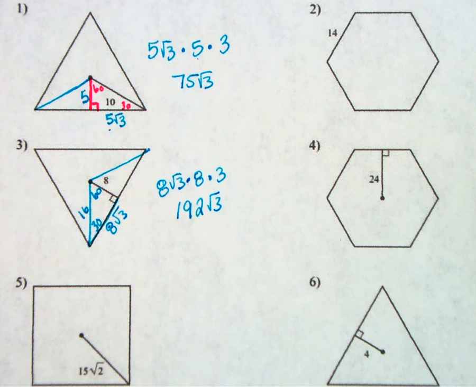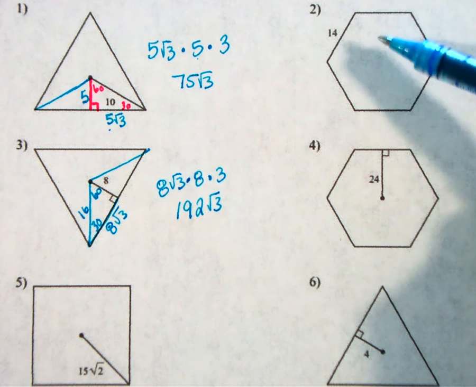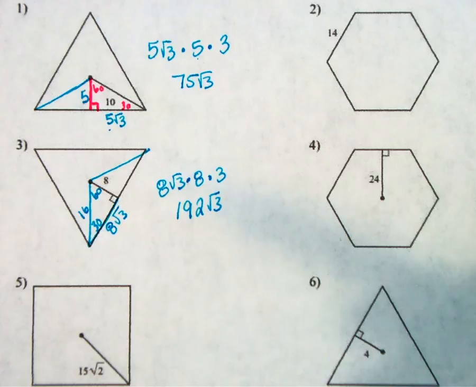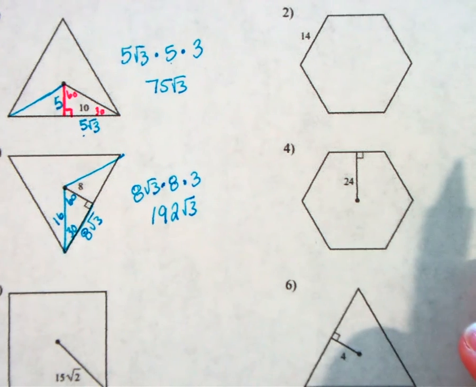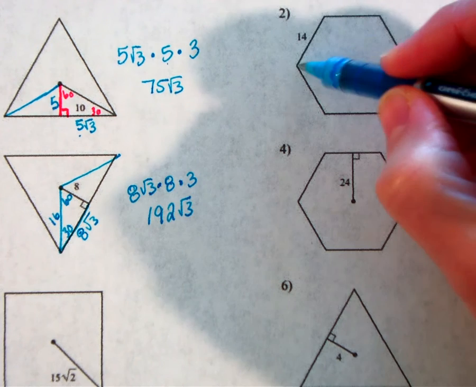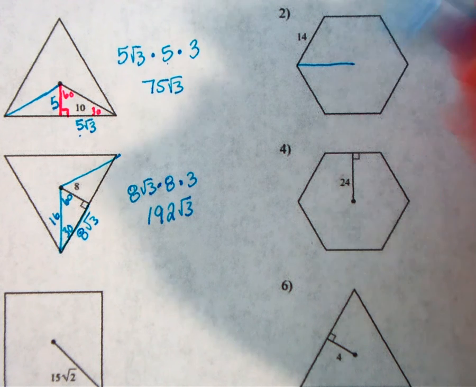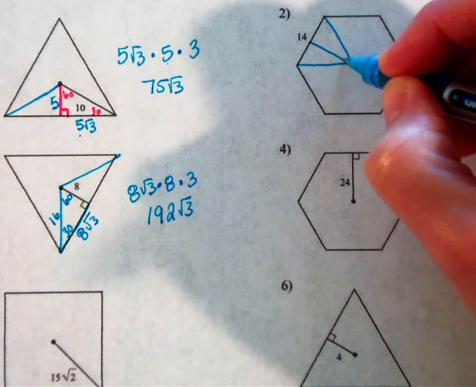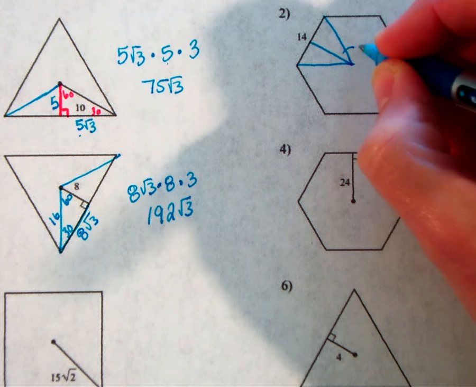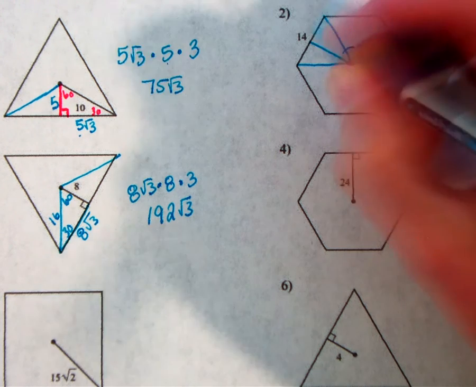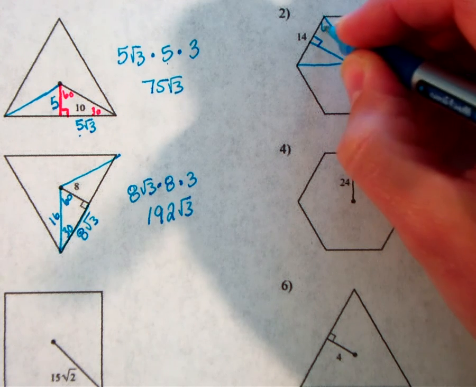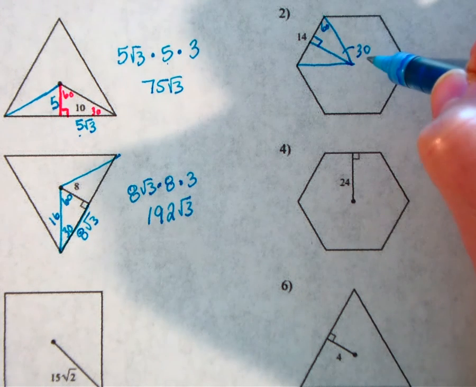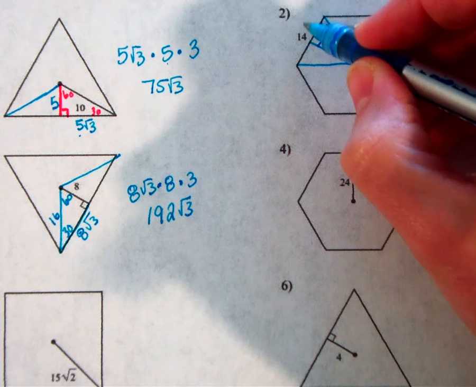So that's your first special right triangle. I'm going to slide over here to the hexagon, which also has special right triangles inside of it. If you're given a side length, your 30, 60, 90s come into play because when you break this in half, we're twisting it the other way this time: the 30 degrees is up top here, 60s over here, and the 90. Across from my short side is going to be my 7.